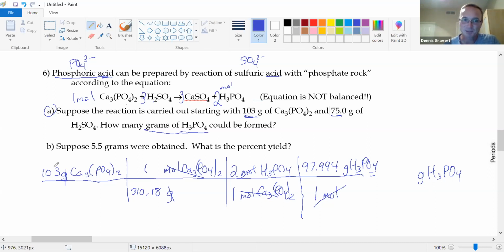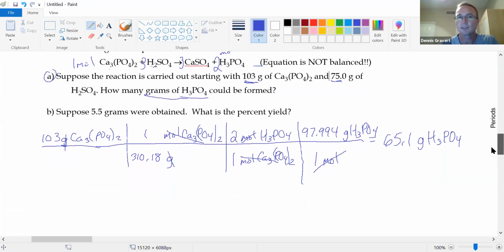In your calculator, multiply 103 times 1 times 2 times 97.994 divided by, well, these are ones, so divide by 310.18. And I got the 3 sig figs. Yeah, we started with 103, 3 significant figures. I got 65.1 grams.